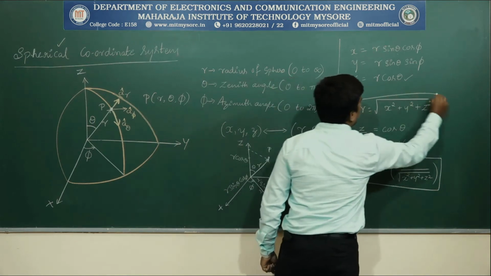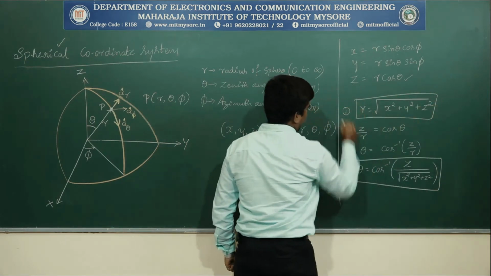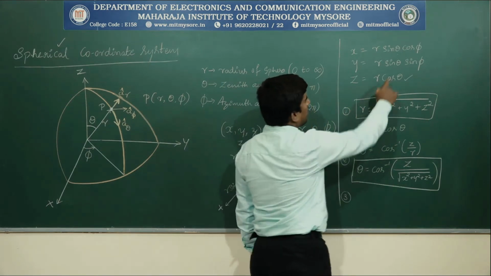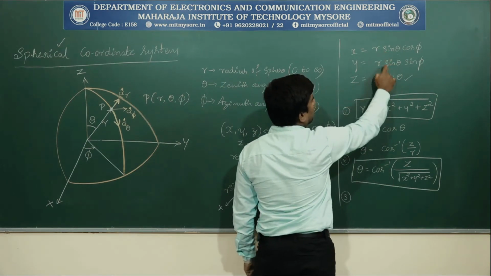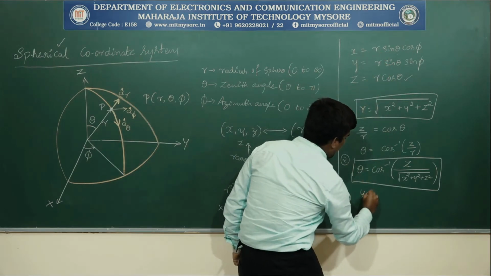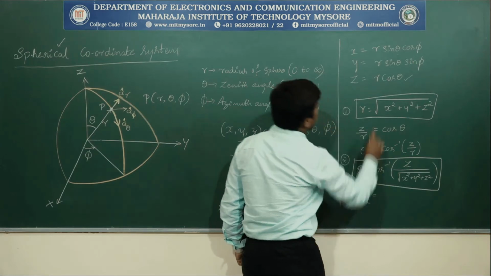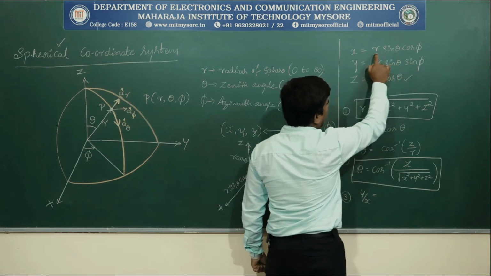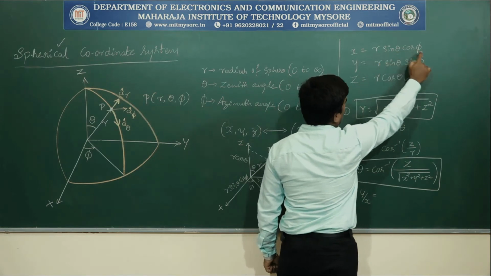Now the second component is obtained. This is the first component, and the third component is phi. How to obtain phi? In these two equations we have the phi component. Let us do y by x. Y by x is equal to r sin theta sin phi divided by r sin theta cos phi.